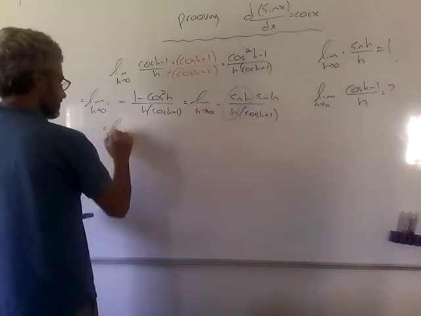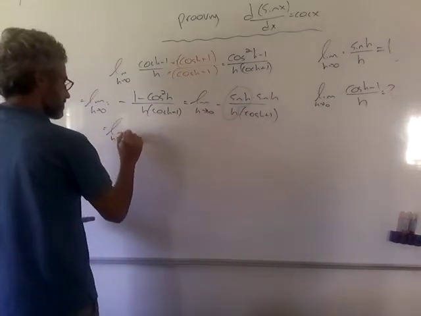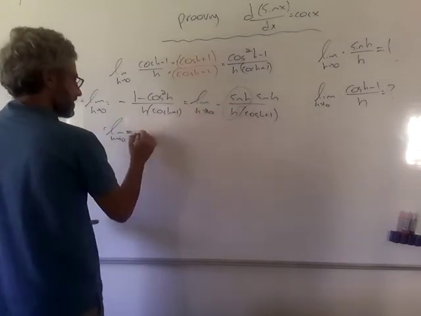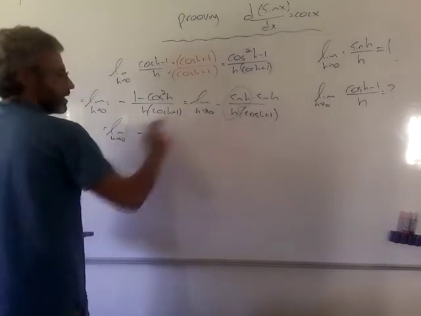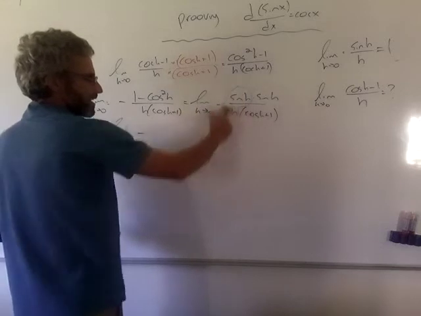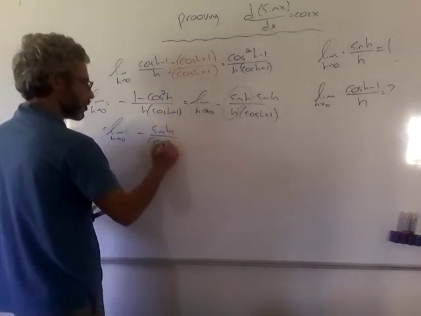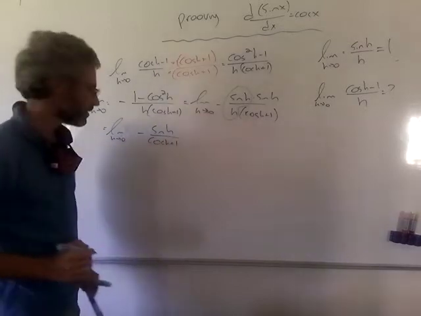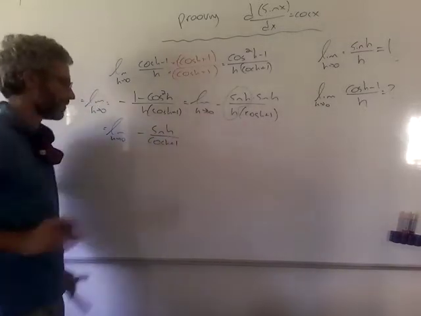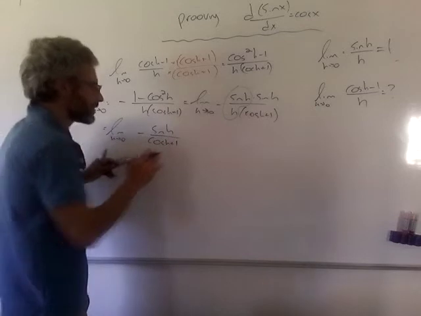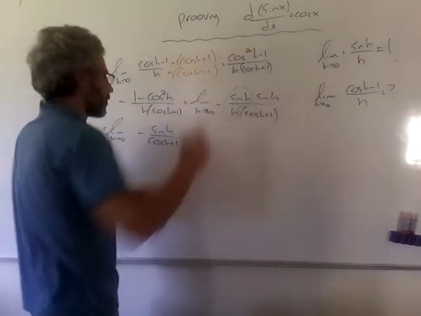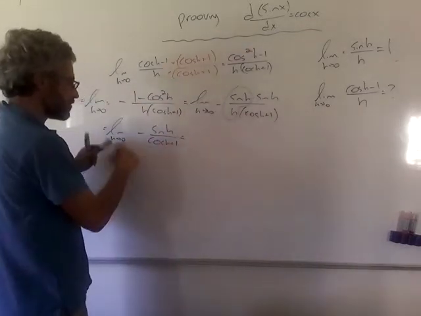So I'm going to have limit h approaches 0, and I'll have the minus. Instead of that ratio, that's just 1, so I don't need to write it. So I'm going to write minus sine h divided by cosine h plus 1. At this point, this is one of the things you've got to do with limits. Once in a while, you start this kind of journey, play around, and then see if you can actually substitute.